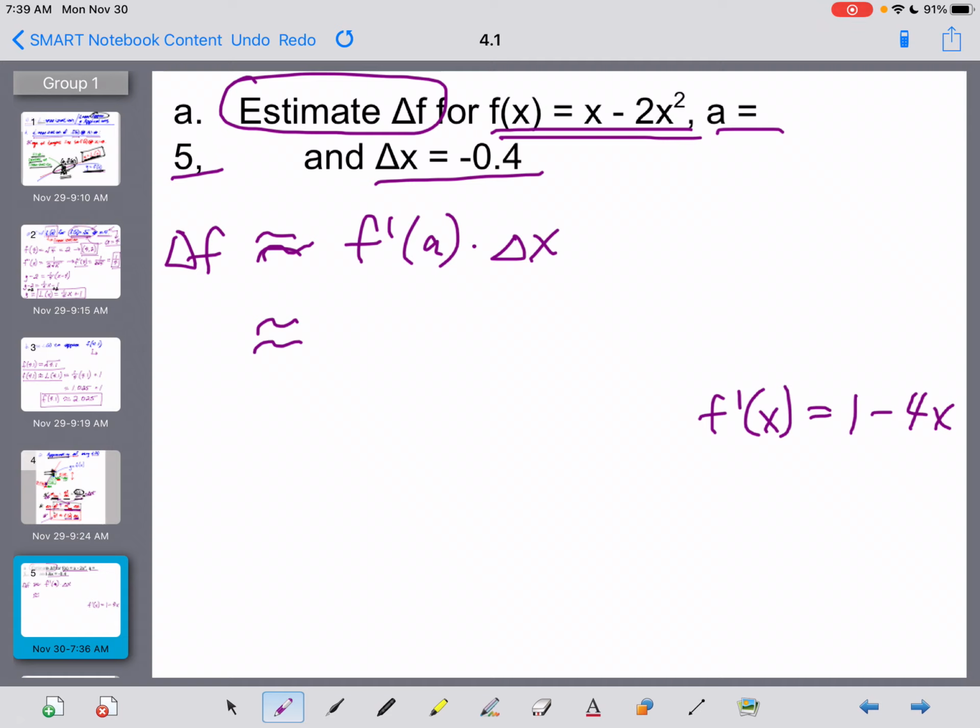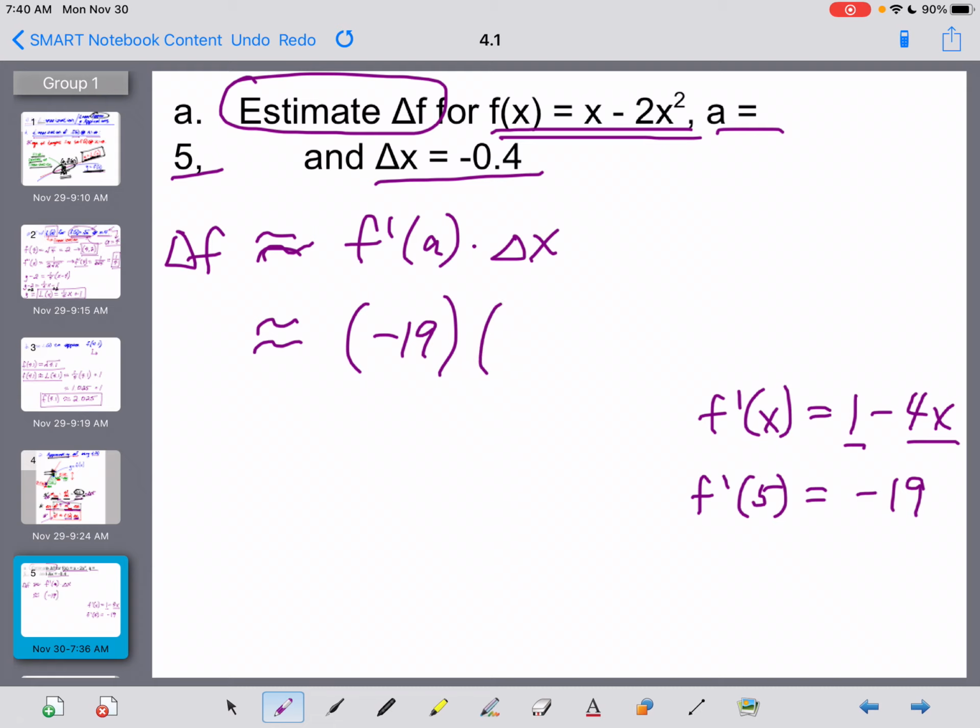That's it. And now we're going to evaluate f prime at our given a value of 5, which is going to be 1 minus 20. That's going to be negative 19. That is a very steep tangent line, everybody. But that is our value now for f prime of a being 5, negative 19.